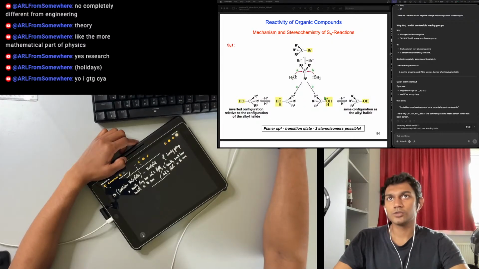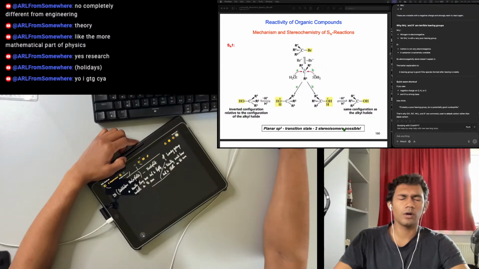And you get two products which are mirror images, stereoisomers. Stereoisomer. Isomers.